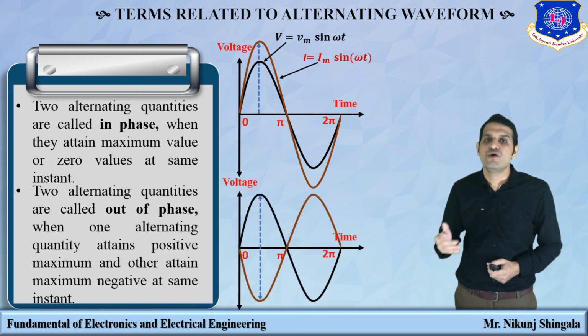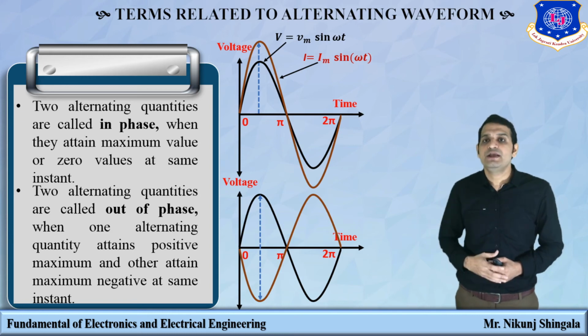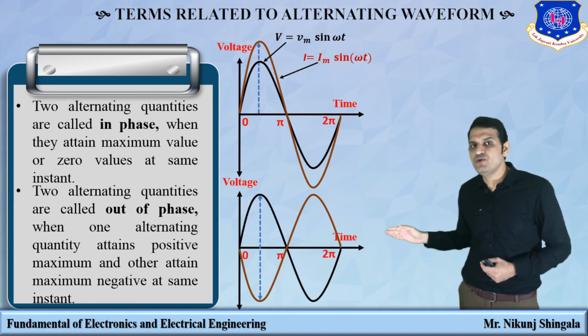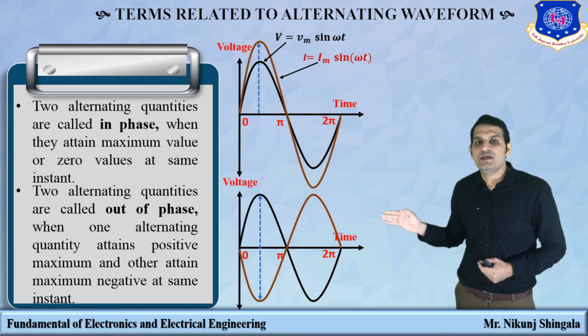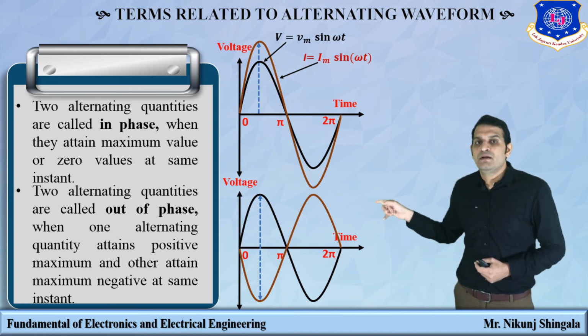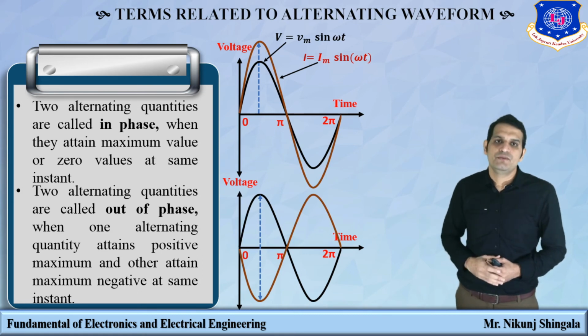Now the next one is out of phase. Two alternating quantities are said to be out of phase when one alternating quantity attains maximum value and the other attains negative value at the same instant. So in these two quantities you can see that both are not attaining maximum or minimum value at the same time, but when one waveform attains maximum value, the other is attaining minimum value.